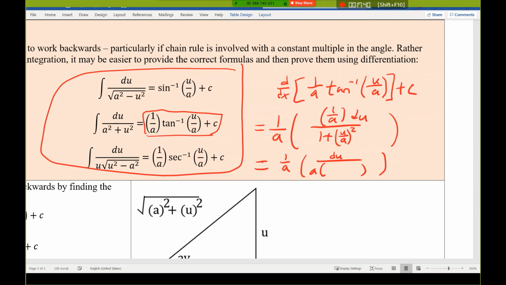Would give me 1 over a times du over a plus u squared over a, and then if I multiply this into the bottom, that'll give me du over a squared plus u squared.